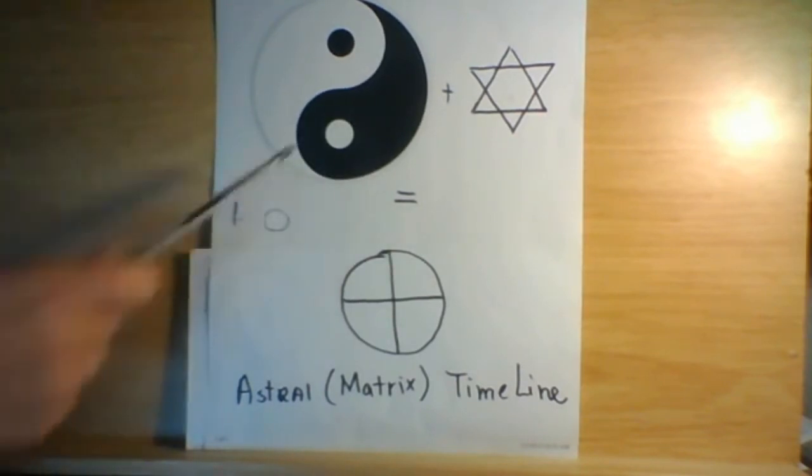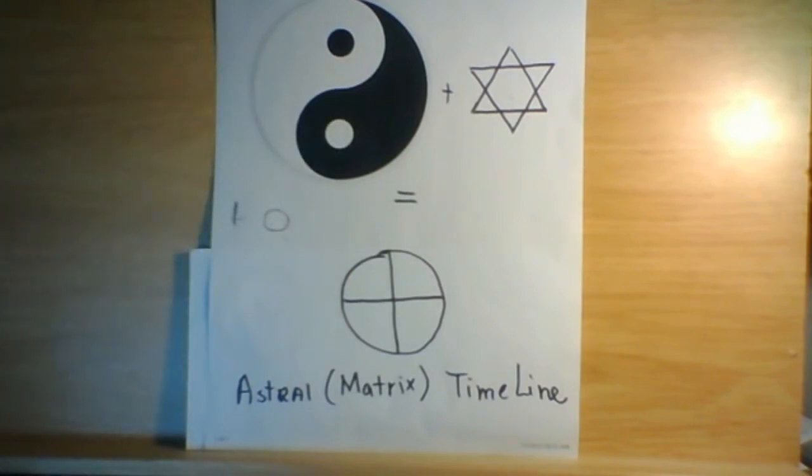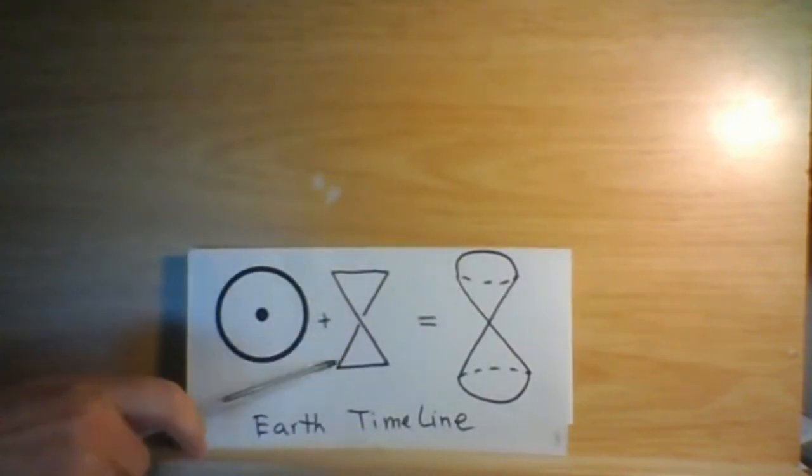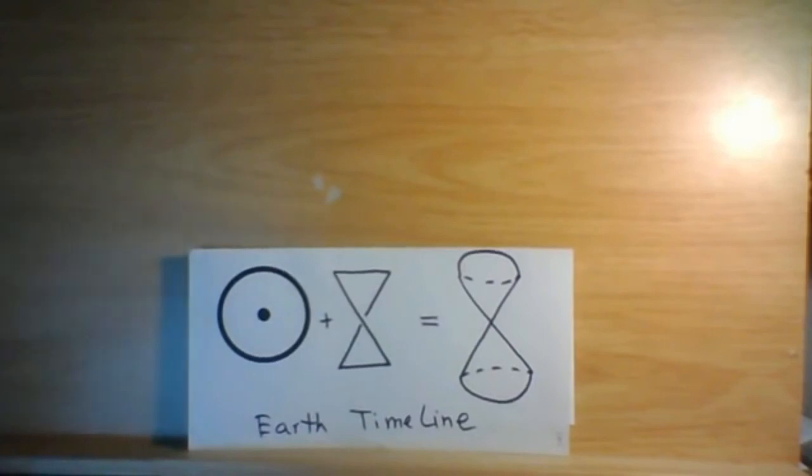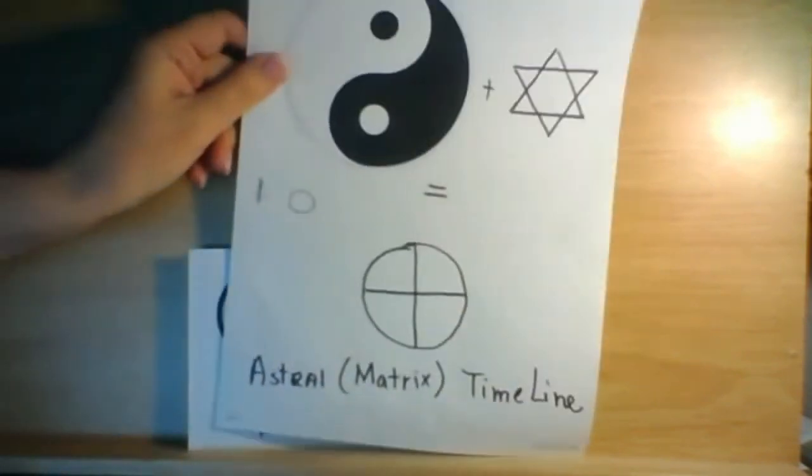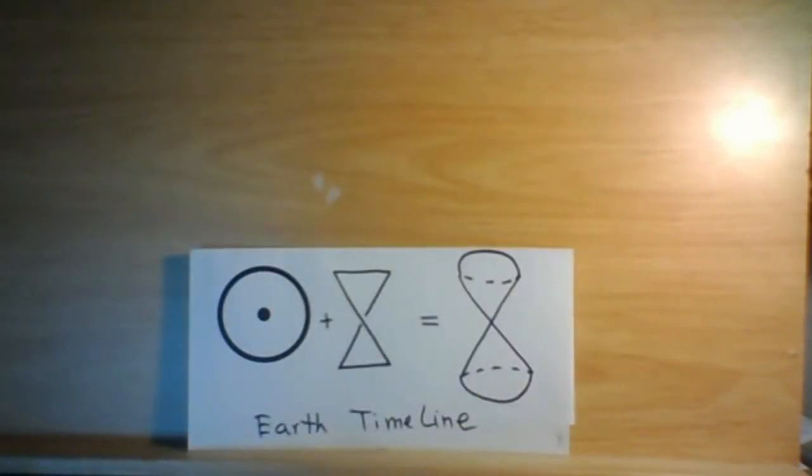So you look at this and feel within your body how it feels, and then look at this and feel that, feel the symbols. You'll understand that your body gives you a different feeling for this than this. So that's a simple yet more detailed way of explaining why the Merkaba field is a matrix prison symbol.